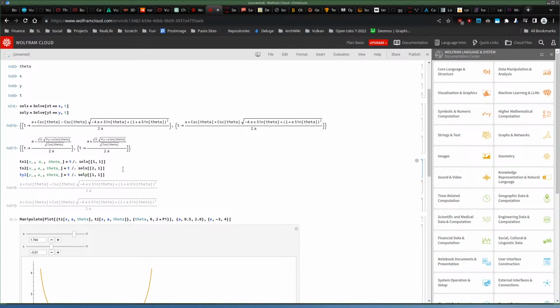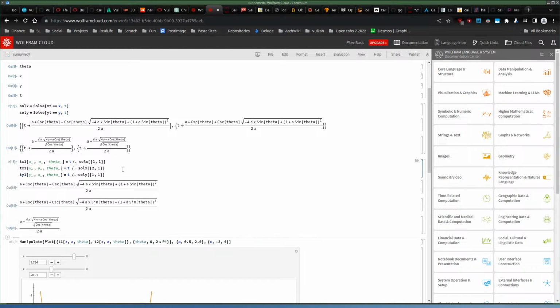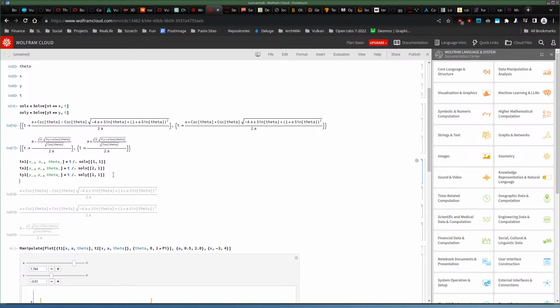I just pulled it out of my, oops, I hit return, shift return, I meant this one. ty2 is y_, a_, theta_ equals t /. sol y 2 comma 1. That's the other solution. Now shift enter.